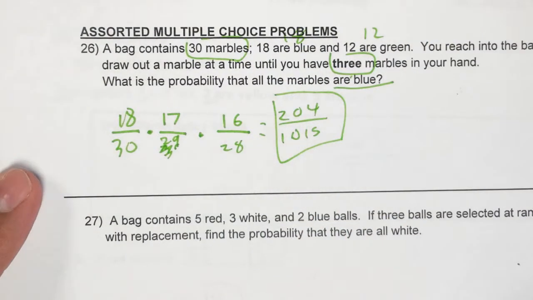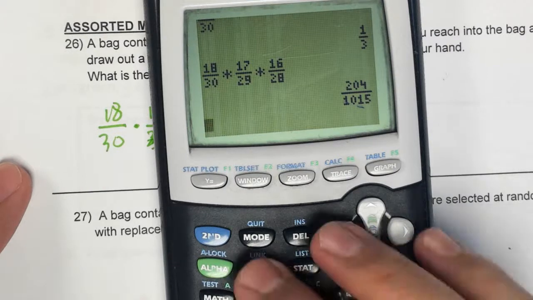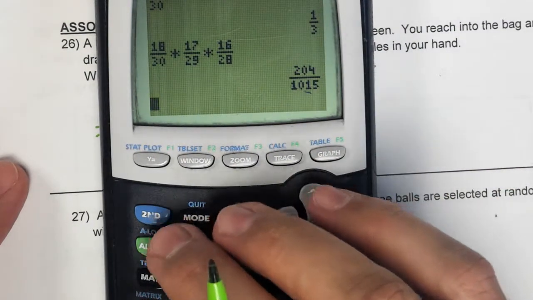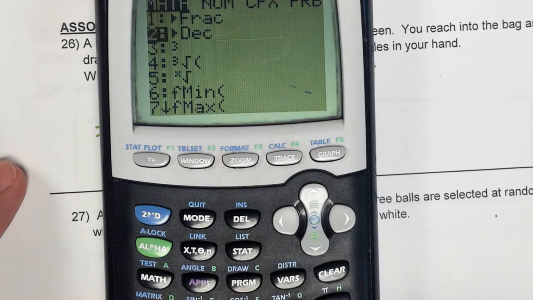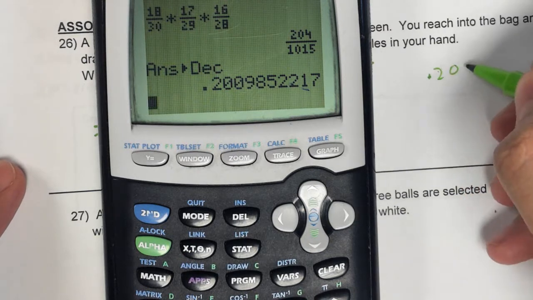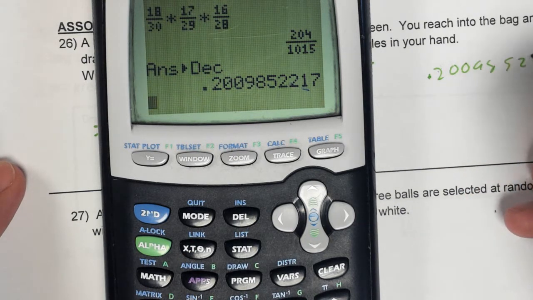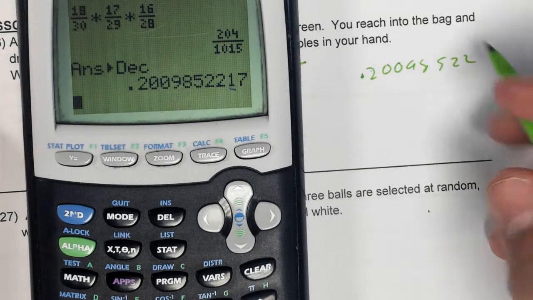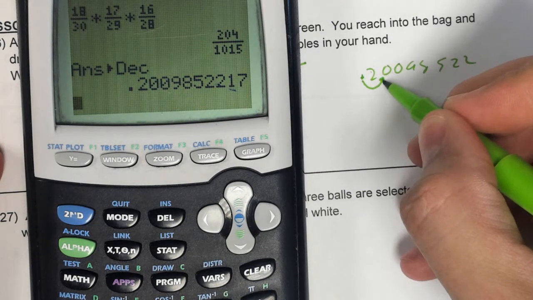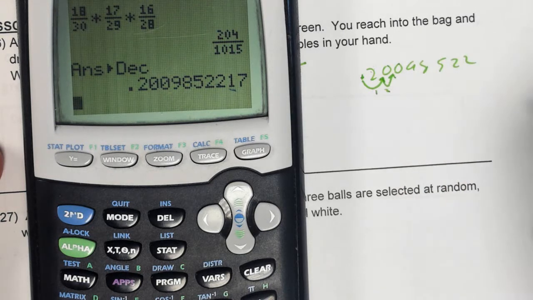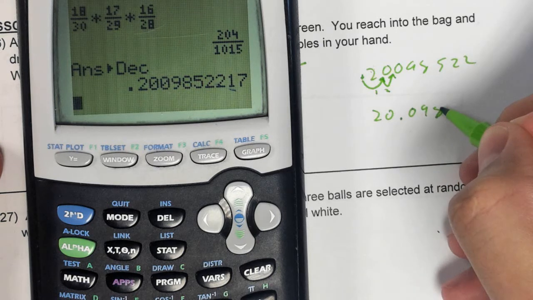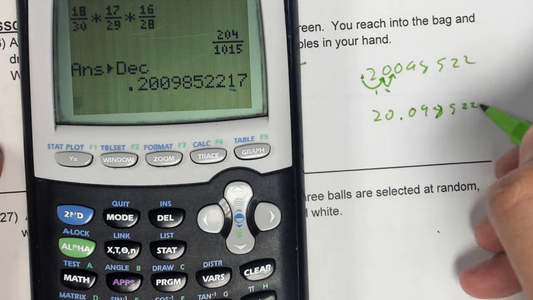That is my probability. If you wanted a decimal, just a reminder, math decimal, that is 0.2009852. To make a percent, we move the decimal 2 places, so that's 20.098522.